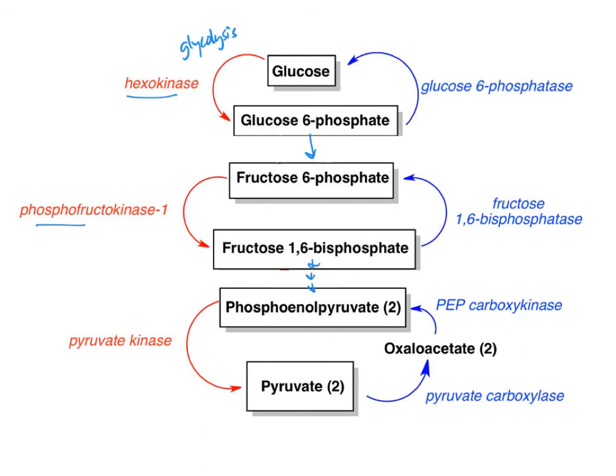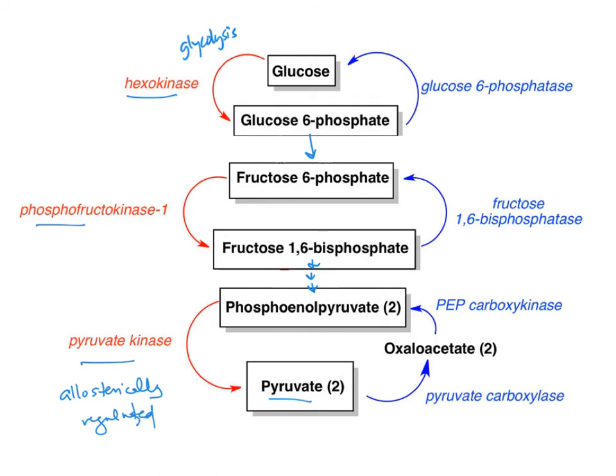Multiple steps in the pathway pass by, and ultimately phosphoenol pyruvate is converted into pyruvate by pyruvate kinase. These are our 3 most heavily regulated enzymes, all allosterically regulated in glycolysis.